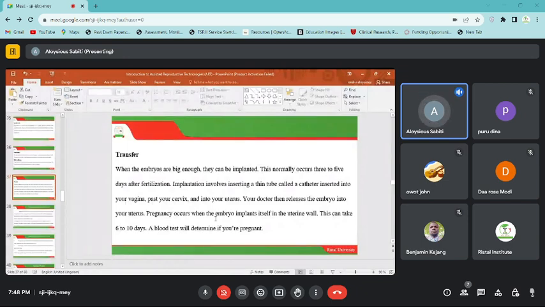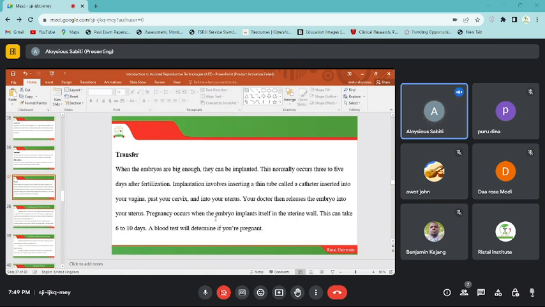So your doctor then releases the embryo into your uterus, and then pregnancy occurs when the embryo implants itself in the uterine wall. And we say this one can take about 10 days, sorry. And a blood test will determine if you're pregnant. So that is about the ART techniques that we're talking about.